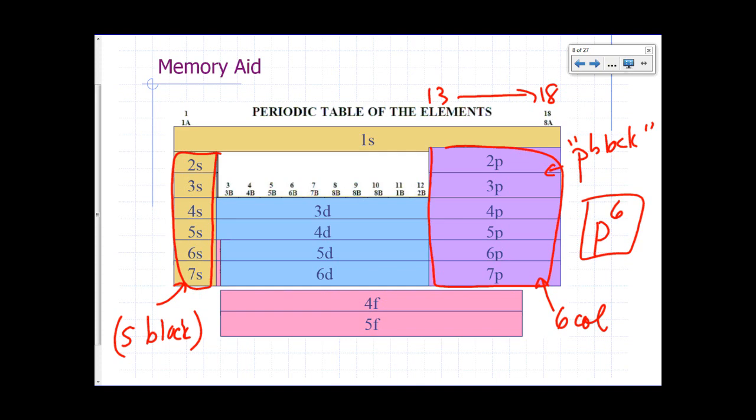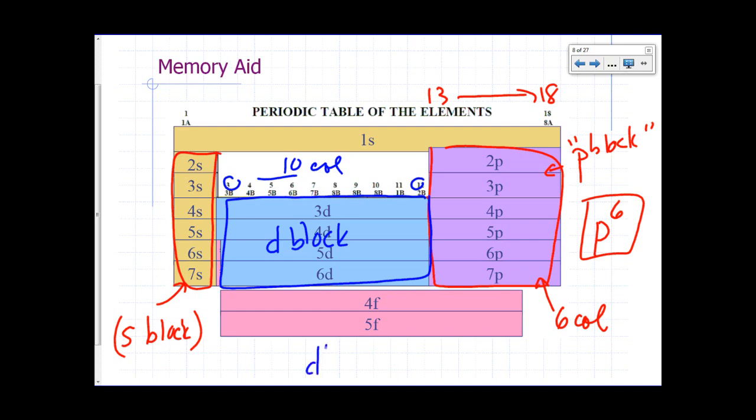Okay, over here in the middle, if you count the number of columns, look at this. This is from column 3 to column 12. That's 10 columns. Okay, a good way to remember that this is the d block is that in a d subshell, you can put as much as 10 electrons.